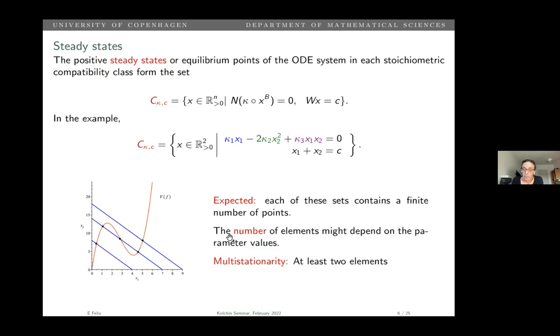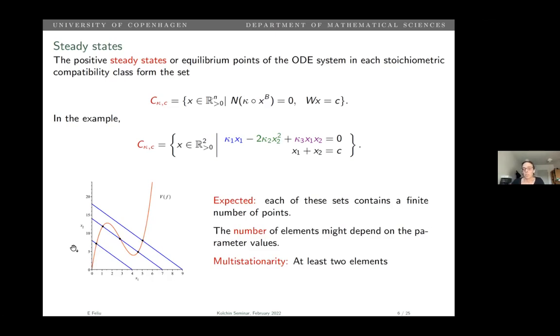But the number of values might depend on the parameter values. And we talk of multistationarity when these sets have at least 2 elements, as I said in the beginning. Here in the drawing, the parameter values giving these 3 points will be a set of parameter values where multistationarity arises, but for this one, no, and for this one, no.